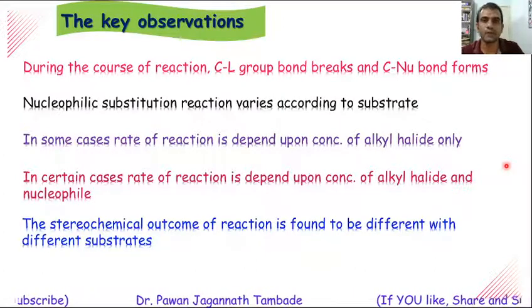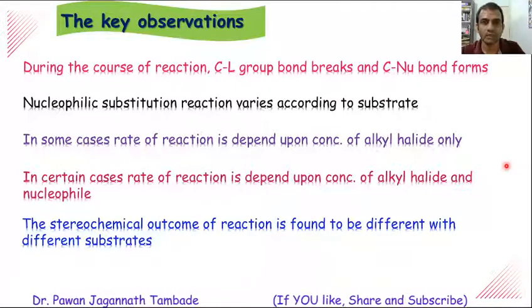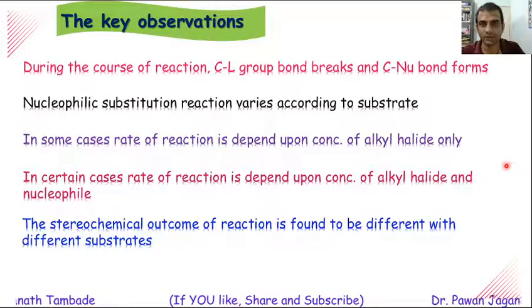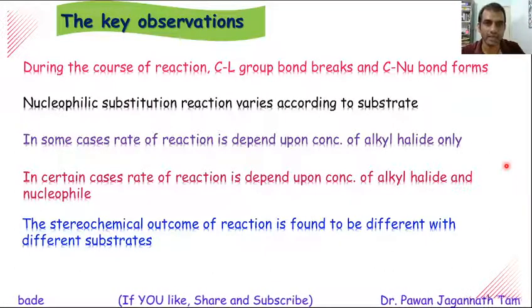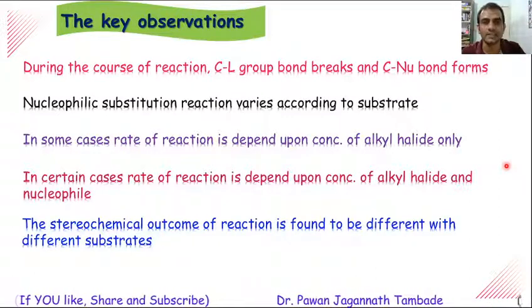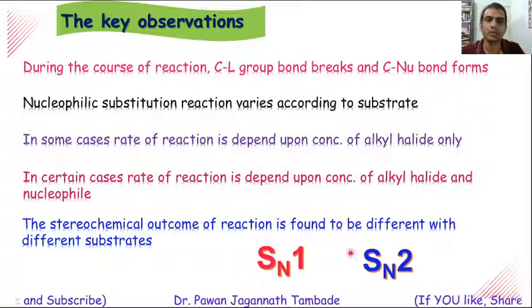And after careful examination of all these practical observations, we came to the conclusion that there are two different pathways for these nucleophilic substitution reactions, and depending upon those pathways, these reactions are divided into SN1 and SN2 reactions.